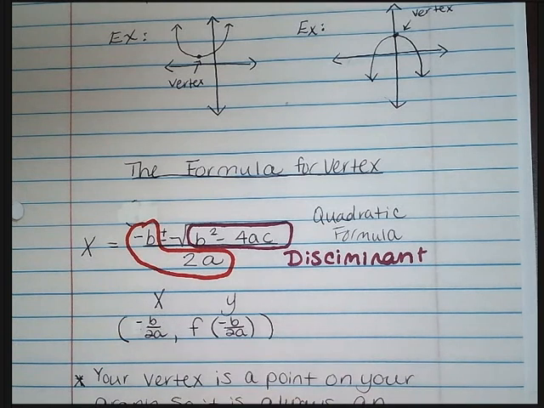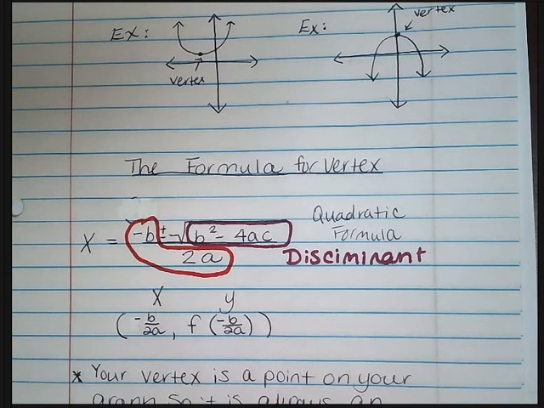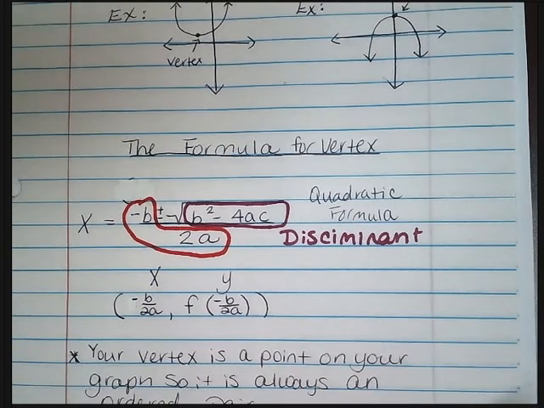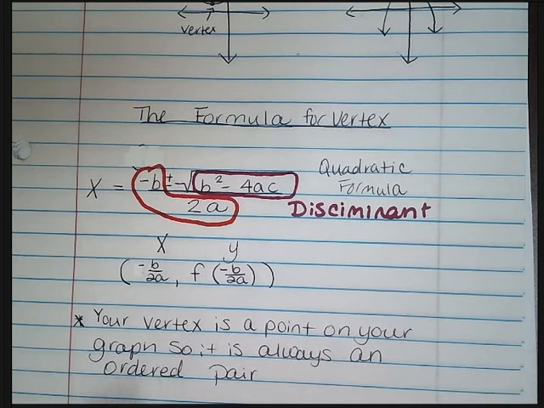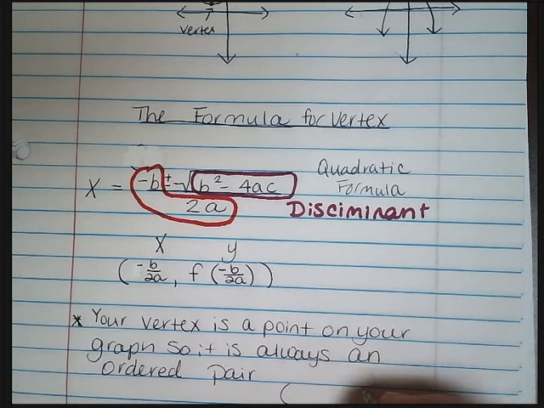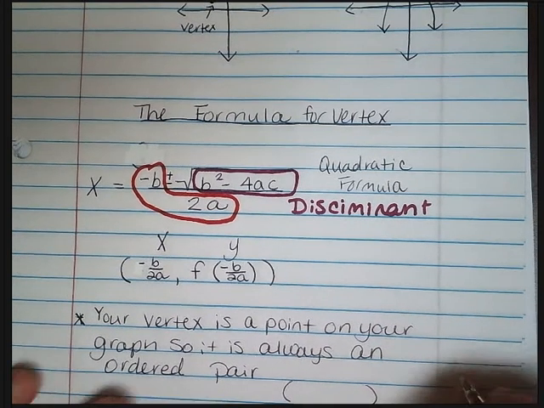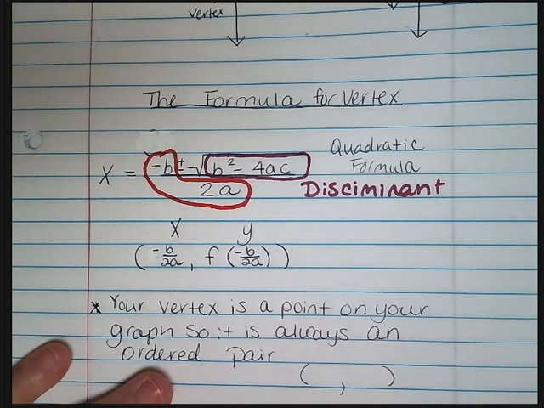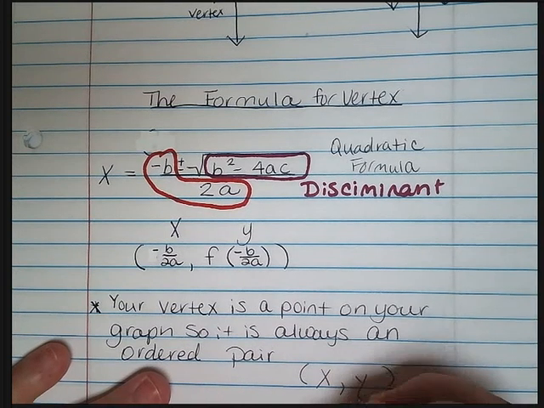If you don't understand, it's okay because we are going to do a lot of practice. One thing you do need to note is that your vertex is a point on your graph, so that means it is always an ordered pair, meaning you're always going to have a set of parentheses, a comma, and then an x and a y value.